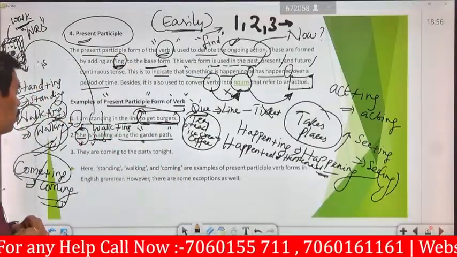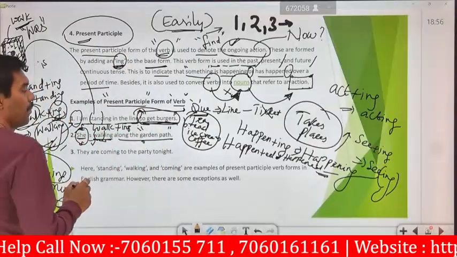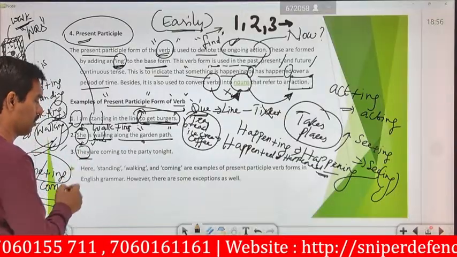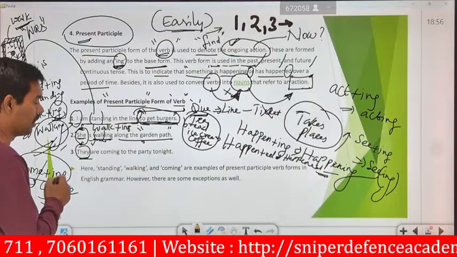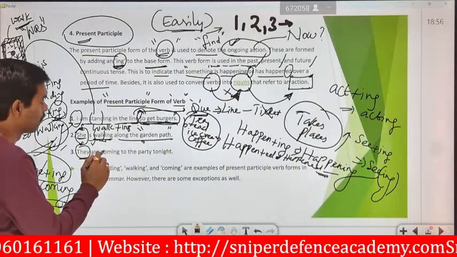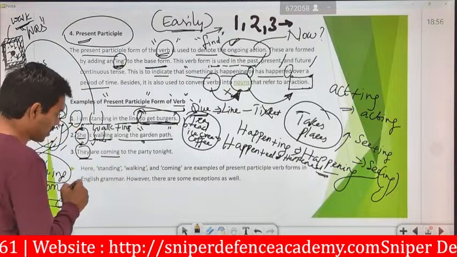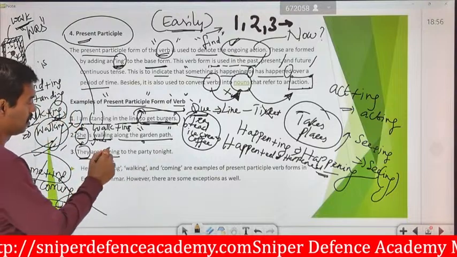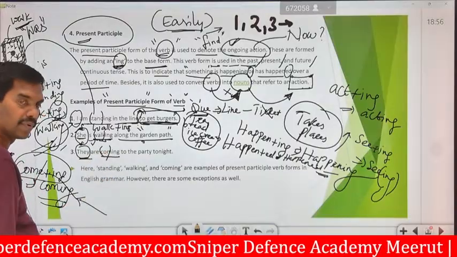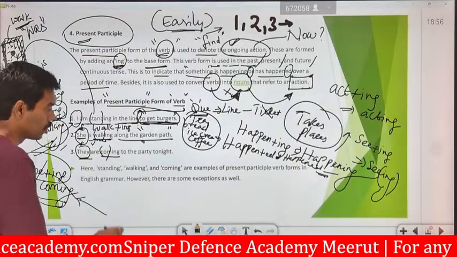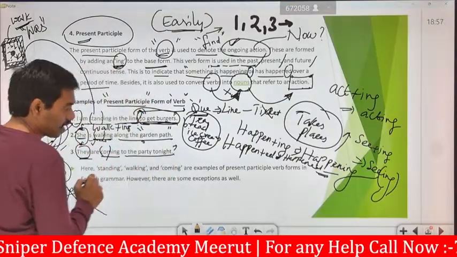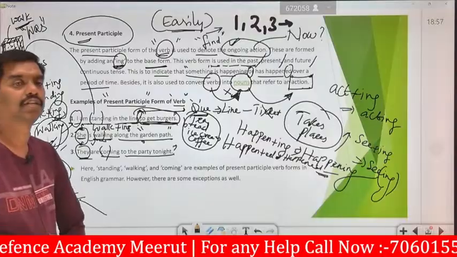Third one. What they say: we are coming to the party tonight. They means many people, maybe boys or girls, a group of people who are coming. Come plus ing gives coming. Where are they coming? To the party tonight. They are coming to the party tonight.